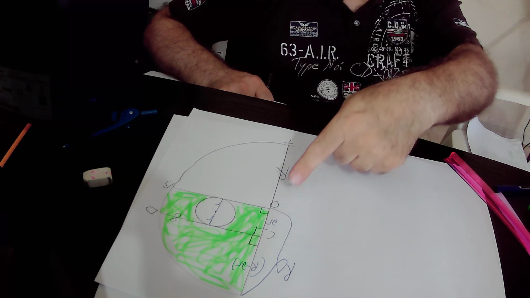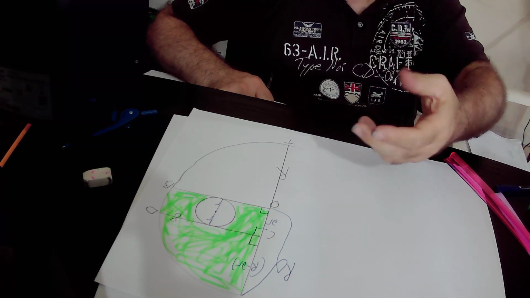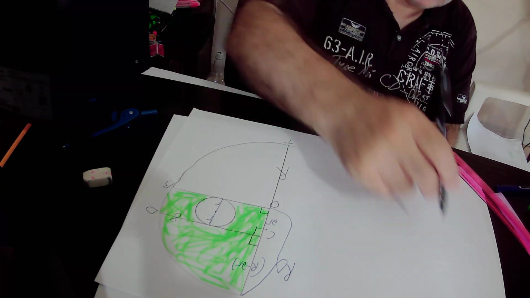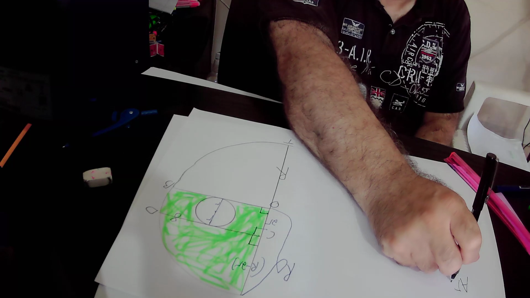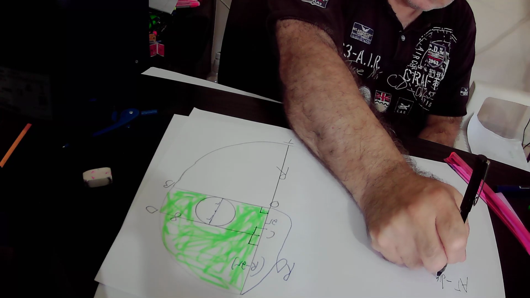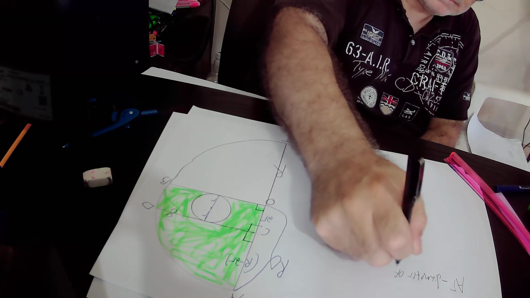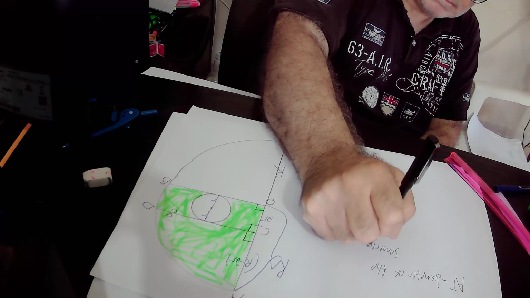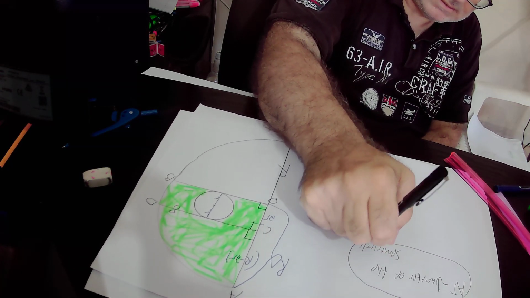Any chord that passes through the center of a semicircle or circle must be the diameter. So chord AT that passes through point O, the center of the semicircle, is the diameter of the semicircle. Okay, AT is the diameter of the semicircle.